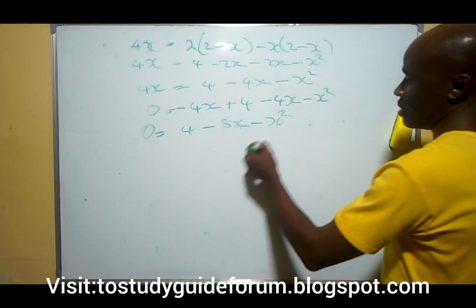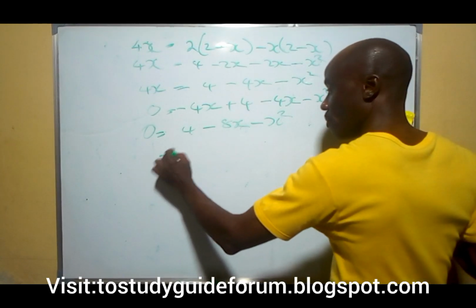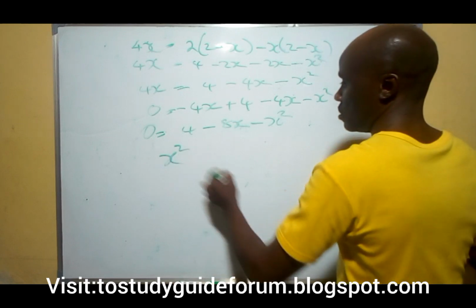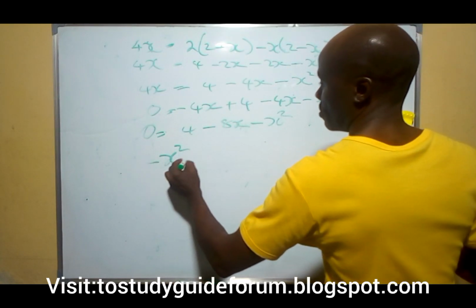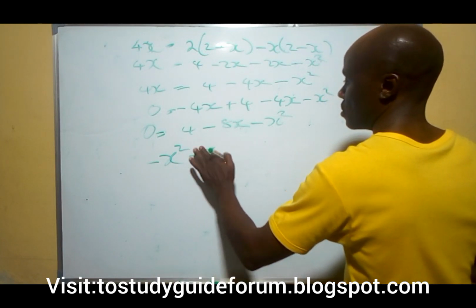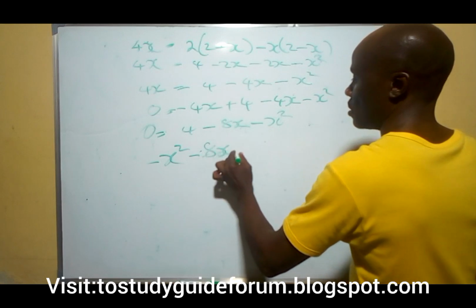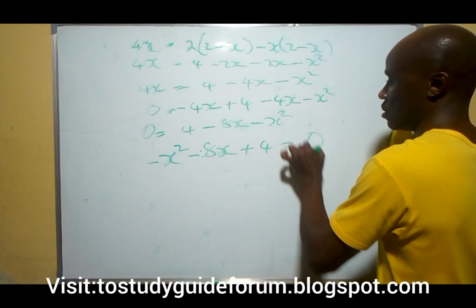We can also rearrange it. If we revise it, we will have x squared minus 8x plus 4 equal to 0.